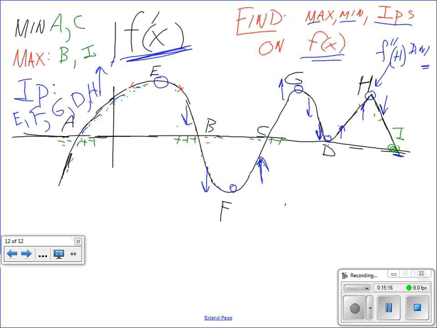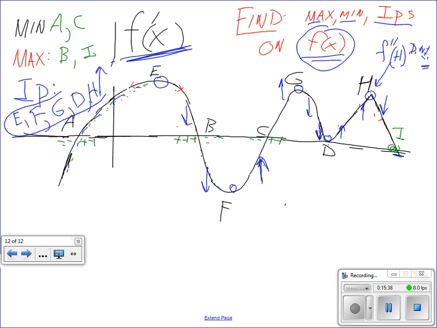If you said that, you would be correct, because it's a spiky, absolute value type of point there, where you could cut your finger right on that cusp. The second derivative doesn't exist, but the inflection point is on the original function itself, and that point does exist. So H is an inflection point.